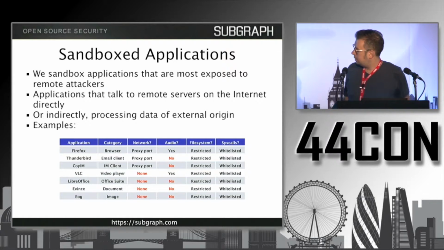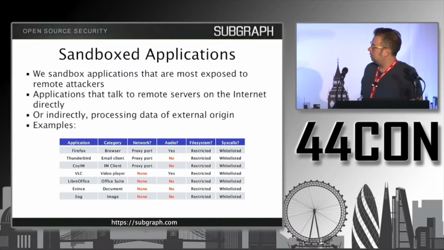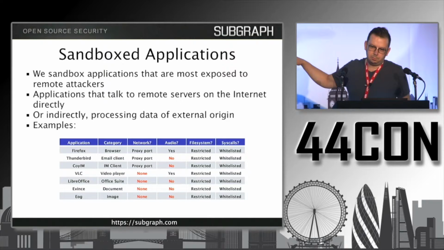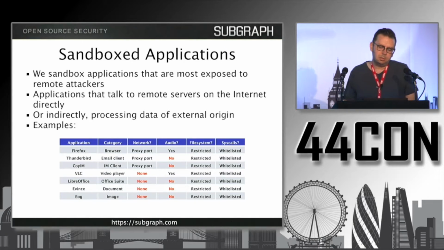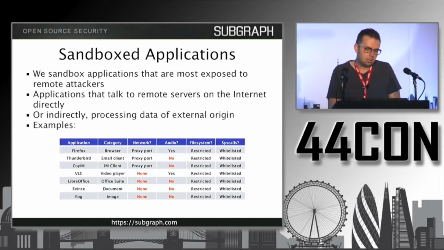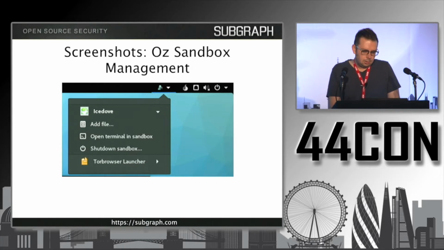We support some of them, and these are the privileges, the access to system resources, that we configure by default. So for example, evince gets no network, gets no audio, has a restricted file system, and we whitelist the system calls that are exposed to it. That's a screenshot of the sandbox manager as it exists today.